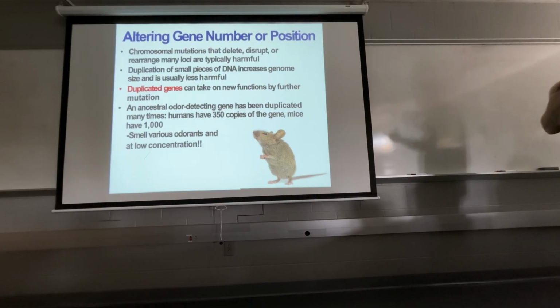That's why dogs smell so much better than we do, because they have more protein in their nose and therefore can detect odorants at much lower concentrations. And of course, when that happened, it was selected for, right? Because it allows them to smell better. And so again, when you alter gene number or when you get mutations that are advantageous, selection can work on those, right?